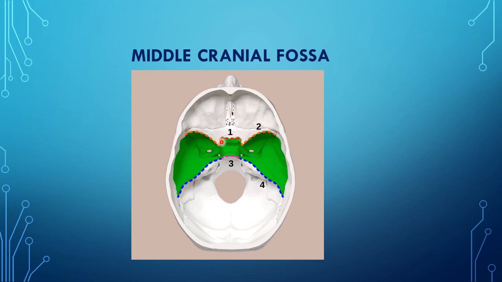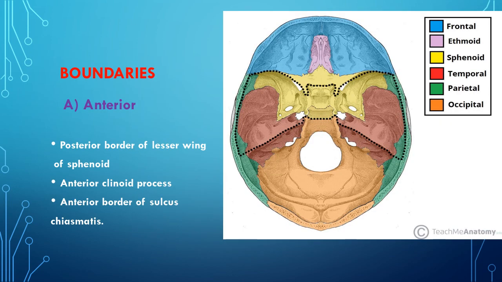We have an anterior boundary, a posterior boundary, then we have lateral boundaries, and the floor is also divided into a central portion and a lateral portion. We shall see each of the boundaries in detail. Let us see the boundaries of the middle cranial fossa.